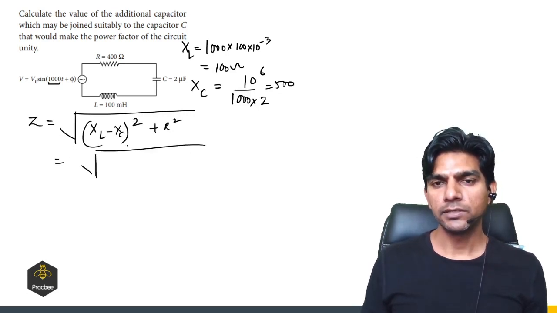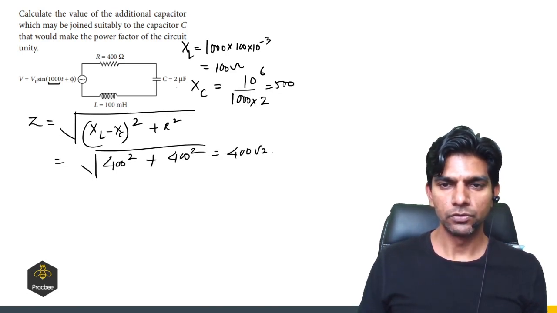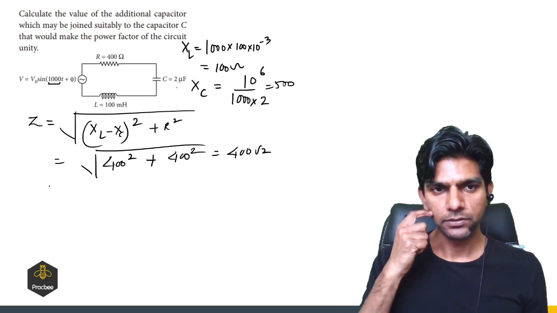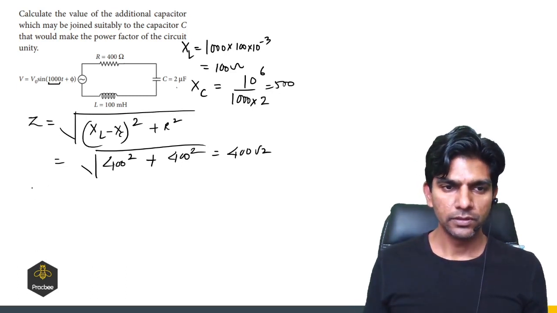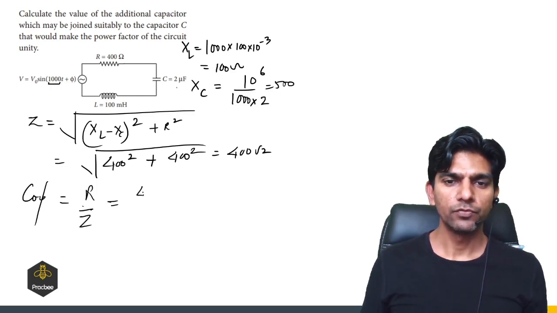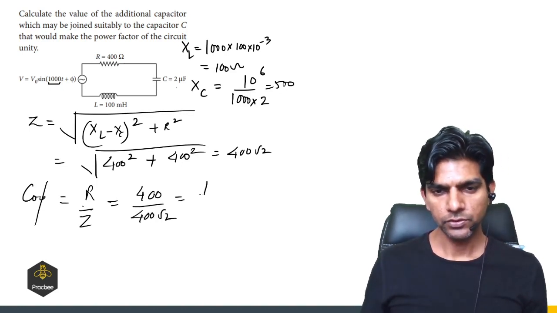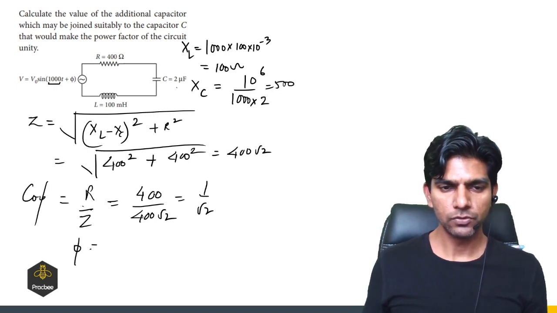So XL minus XC will be 400 square plus R will be 400, which comes out to be 400 root 2. So that is the impedance. So the power factor is R by Z. So it will be 400 by 400 root 2. So that will be 1 by root 2. So phi comes out to be pi by 4.